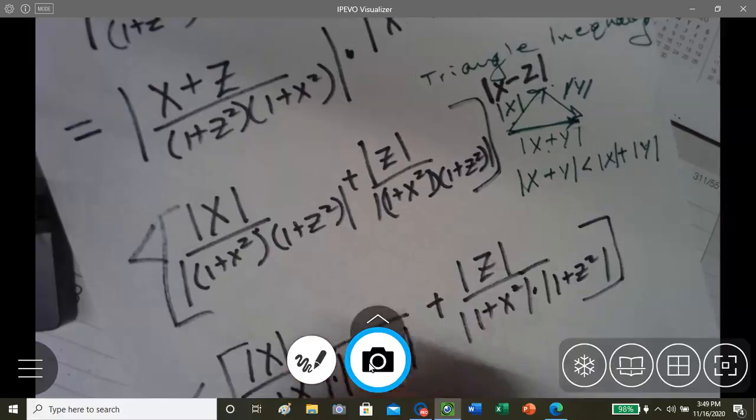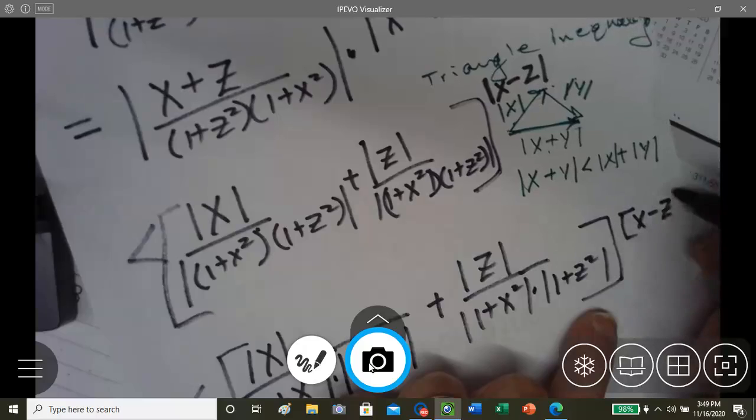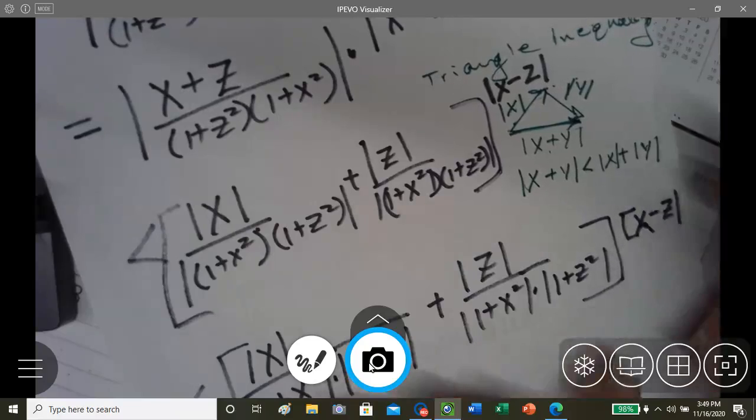And then we have the absolute value of x minus z to the side.